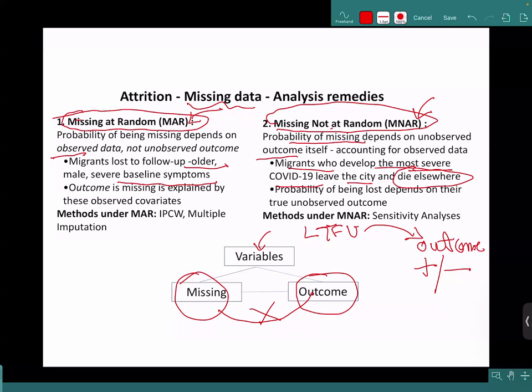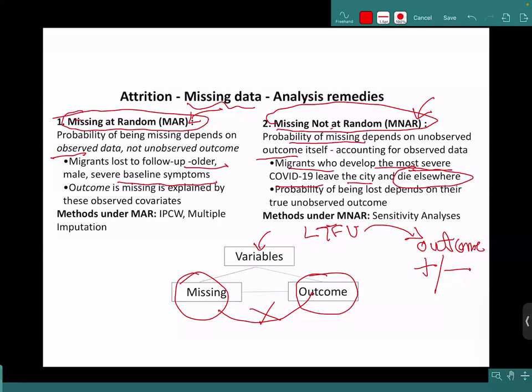Even after adjusting for age, baseline symptoms, everything else, you feel that a person who has been lost to follow up is more likely to have died compared to a person who is not lost to follow up. If you feel that is what is happening in your study, then it is missing not at random.